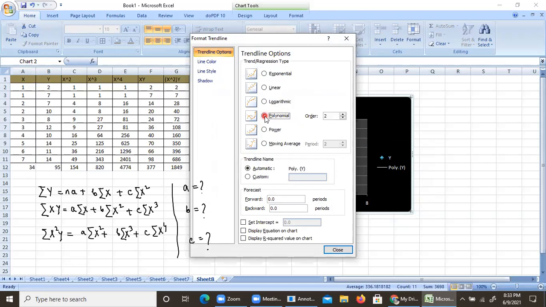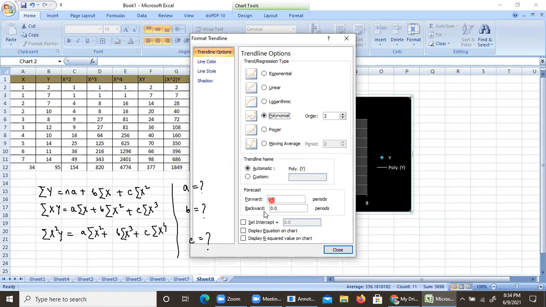You can change the degree of the polynomial by choosing this button. In the Excel sheet it is written order, which actually means the degree. I do not know why they have written order, it should have been degree, but you can increase or decrease the order of the curve.